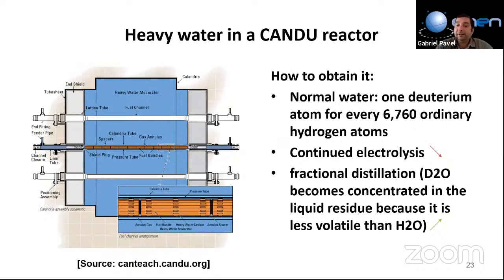Nowadays you can use fractional distillation, where there is a good part and a bad part. The good part is that you don't really need much heavy water, because the reactor itself is not supposed to lose heavy water. And from this good part results the bad part.